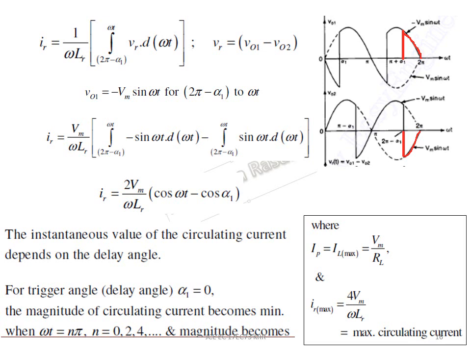So IP is equal to IL max, which is equal to Vm by RL. IP means peak current. So peak current is the same as the maximum load current, Vm by RL, and the maximum circulating current is given as, when we substitute, 4 Vm upon omega Lr, and this is the maximum circulating current that you can get.